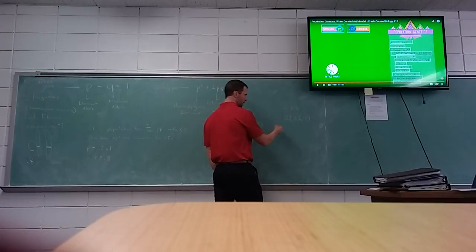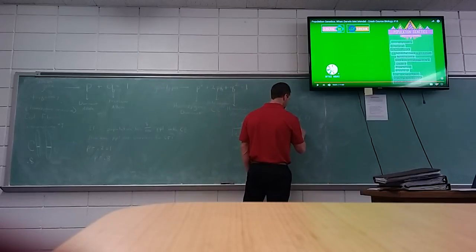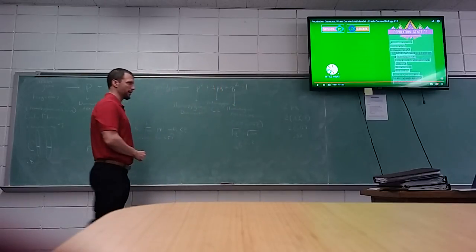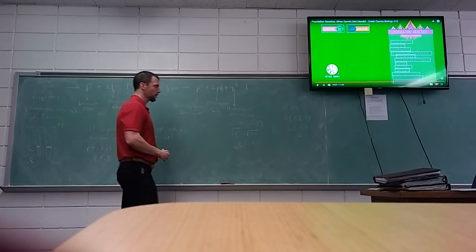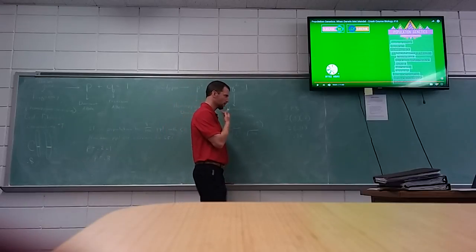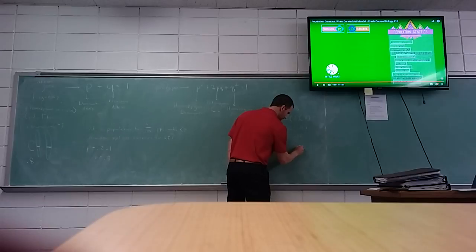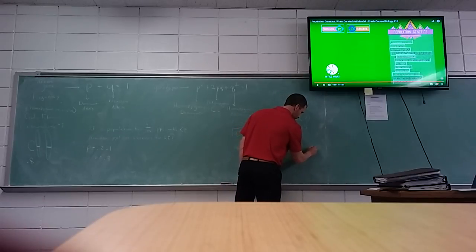And so now, just like we saw earlier, 2 times 0.16 gives us 0.32. And so what percent of the population are heterozygous? Yeah, 32%. So 0.32 times 100 equals 32%.